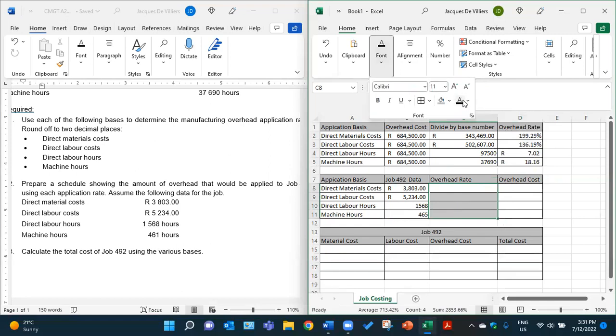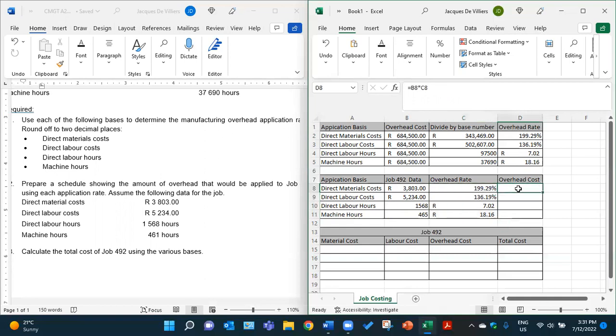table. So here we go, and I'm just putting down those same overhead rates here. And then if I multiply the real data from job 492 with the overhead rate that is now being determined, I will get my overhead cost for this job. So I'm seeing my overhead cost is 7,579 as far as that overhead cost is absorbed into the direct material cost.